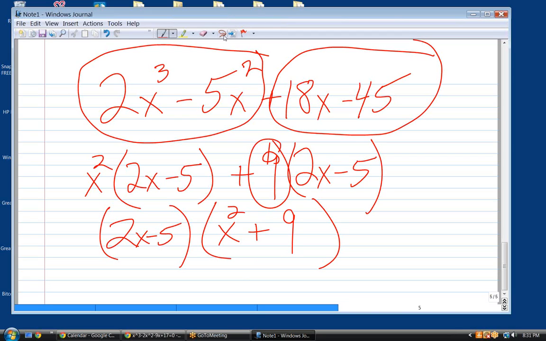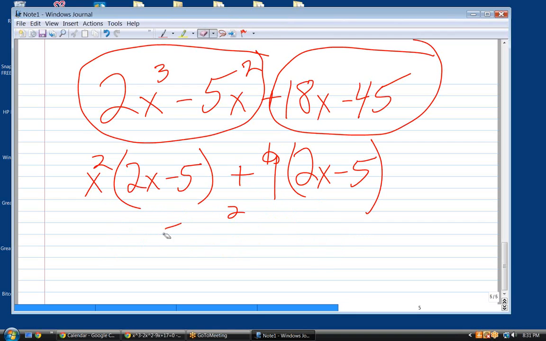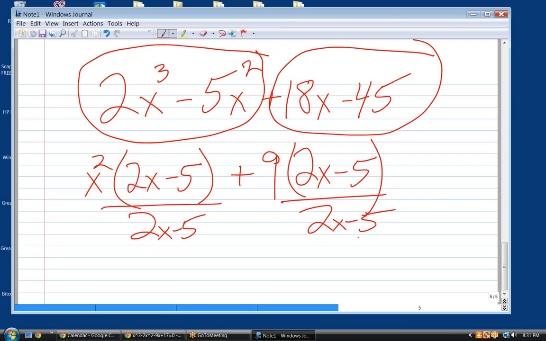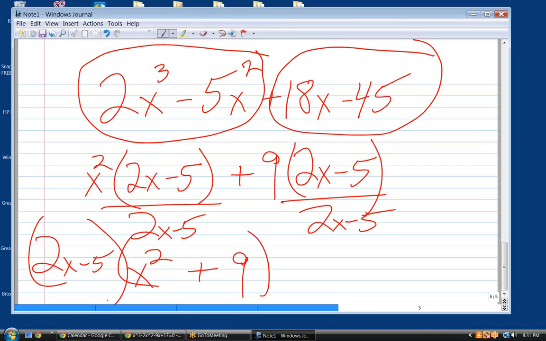In other words, when we divide, this is the answer, but the way we got it is we divided this by 2x minus 5, and we divided this by 2x minus 5. And what we were left with was x squared plus 9. That's grouping in a nutshell.